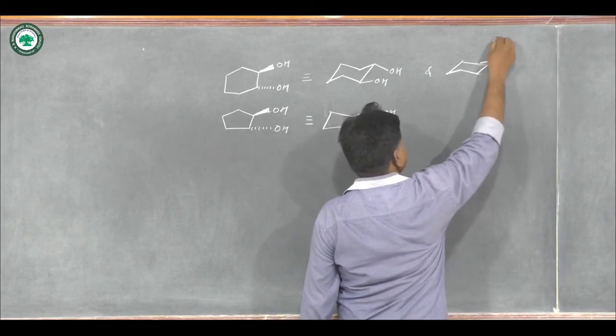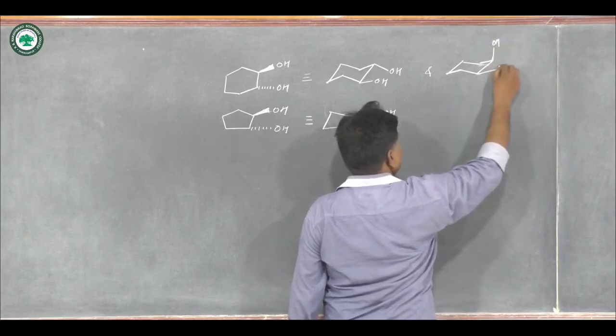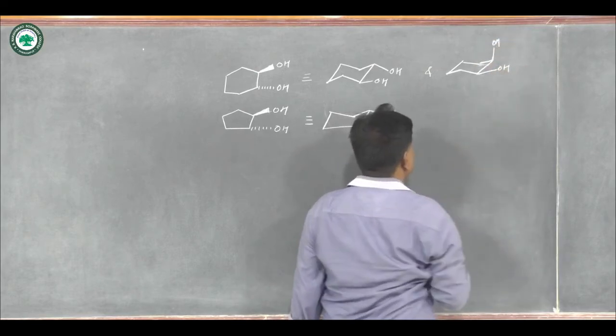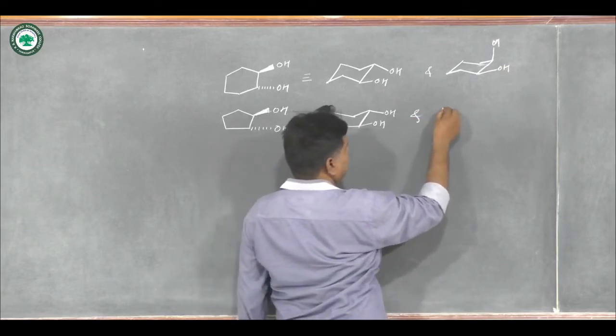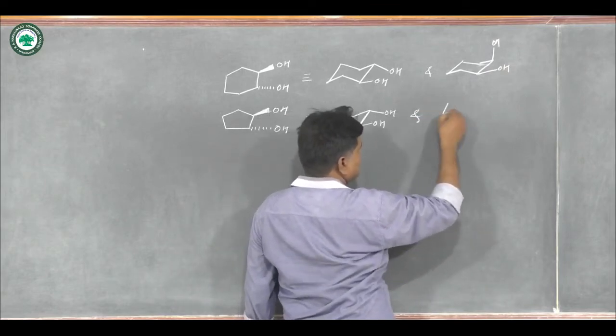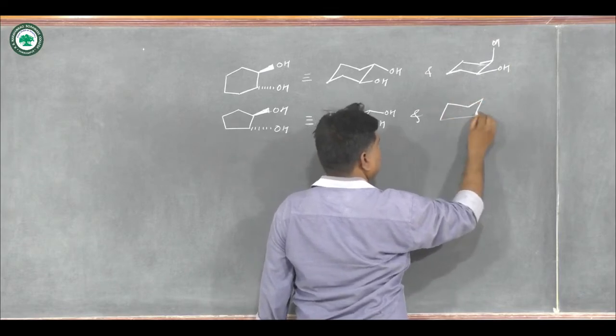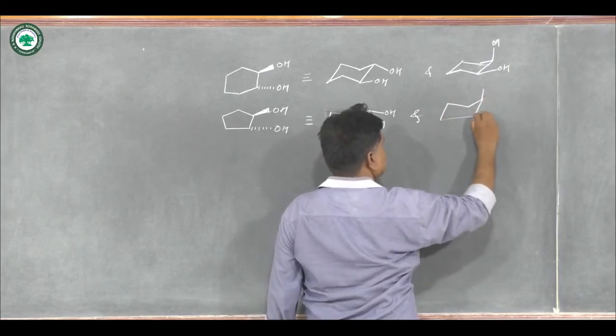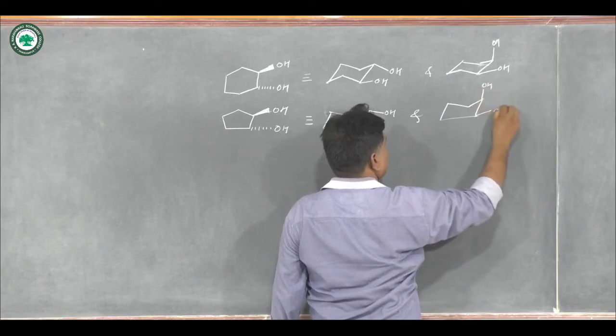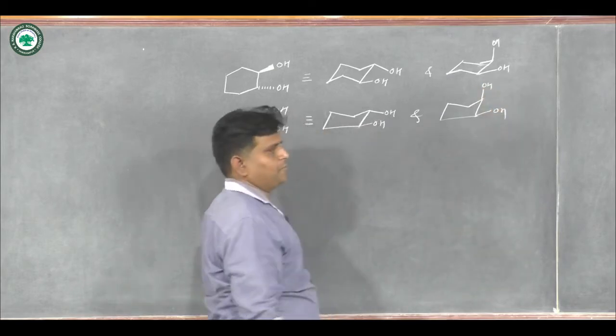in cis, suppose this is the axial hydroxyl and this one is the equatorial hydroxyl group, and here suppose we have this is also a cis isomer.